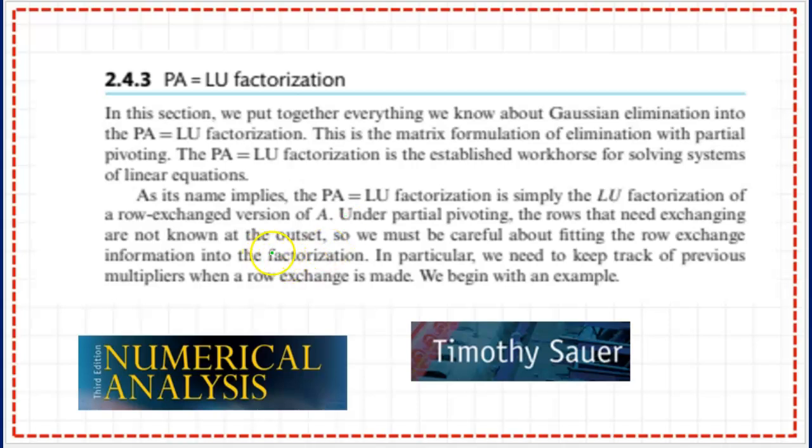Due to the exchange, we must be careful about fitting the row exchange information into the factorization. We need to keep track of the previous multiplication when a row exchange is made. We move to the second slide.